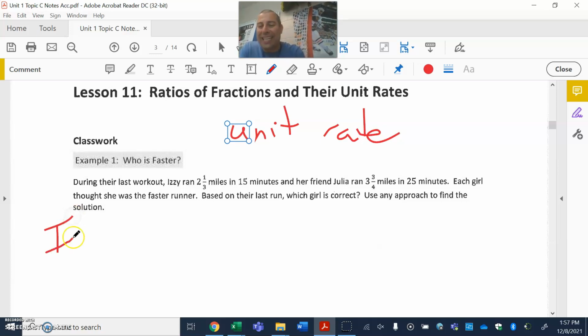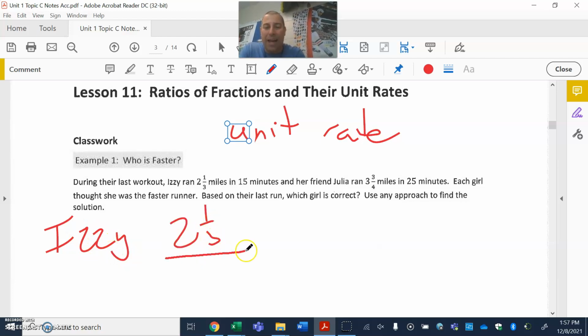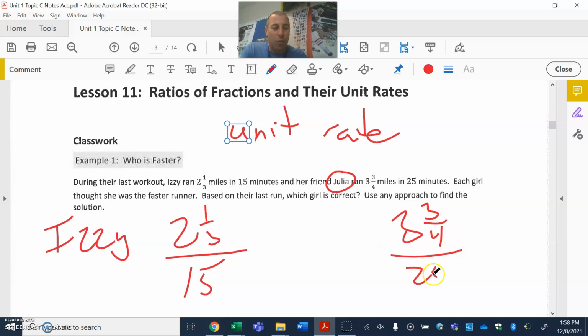So for Izzy, she was 2 1/3 miles in the 15 minutes, whereas Julia was 3 3/4 miles in the 25 minutes. So again, if we can figure out how much it is for one, we are set to go.